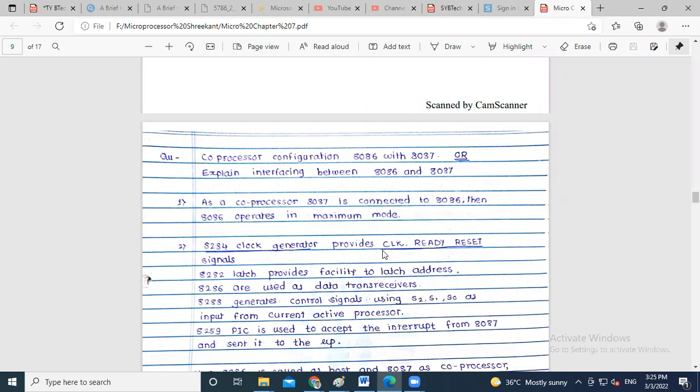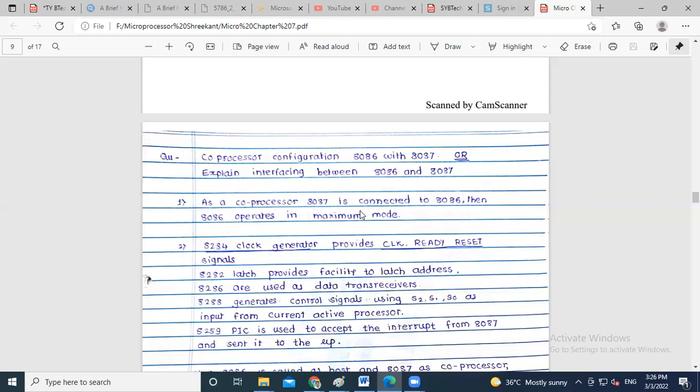The coprocessor will not work without the main processor. It always has to take support from the main processor, and it speeds up the execution time. This is the way we use the 8087 coprocessor with the 8086 main processor. When the 8087 coprocessor is connected with the 8086, the 8086 operates in maximum mode.